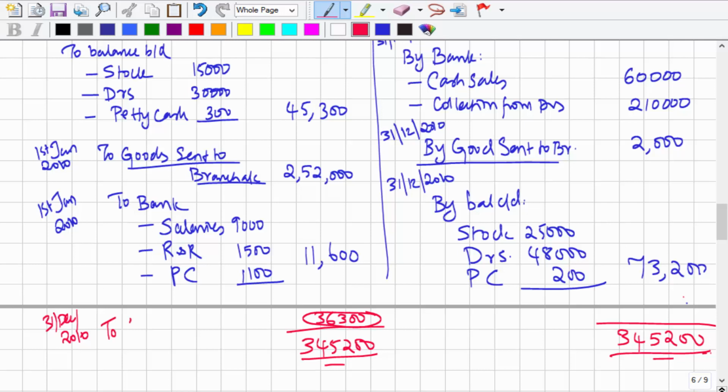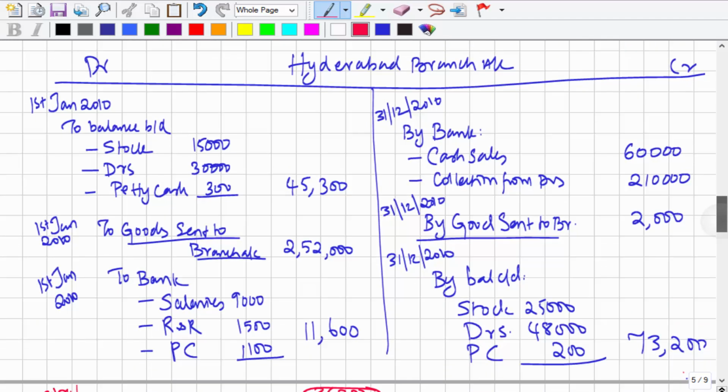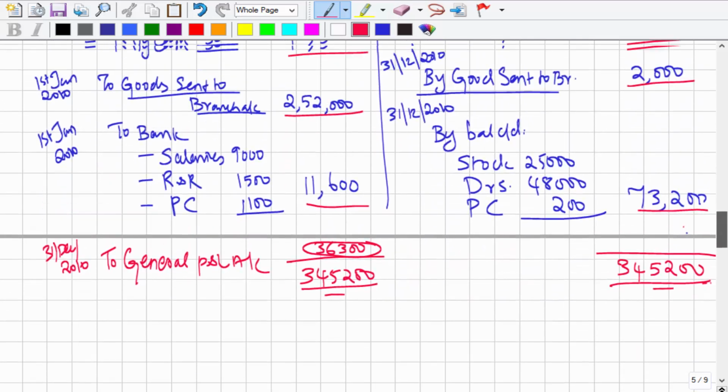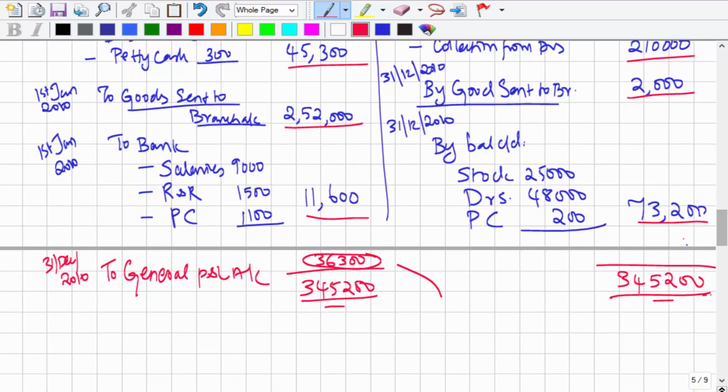So we'll say to general P&L account, it is 36,300. So in this way, we have a complete position of Hyderabad branch account. So opening balances, goods sent to branches, payments by HO, then there are cash realizations, goods returned by the branch, then their closing position, and eventually we were able to find out what is their profit, which is 36,300.